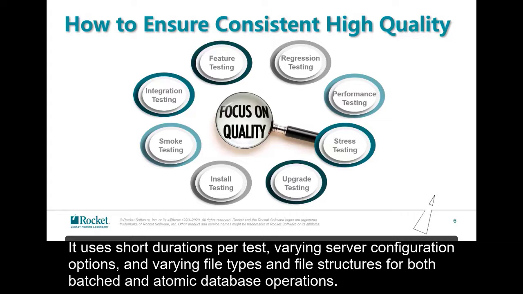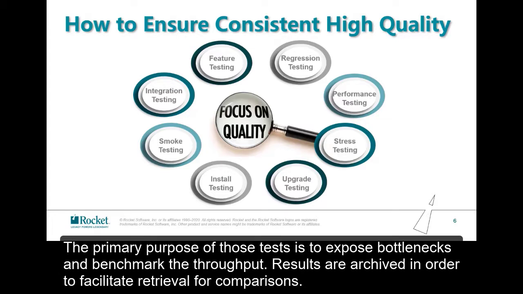It uses short durations per test, varying server configuration options, and varying file types and file structures for both batched and atomic database operations. The primary purpose of those tests is to expose bottlenecks and benchmark the throughput, and the results are archived in order to facilitate retrieval for comparisons.